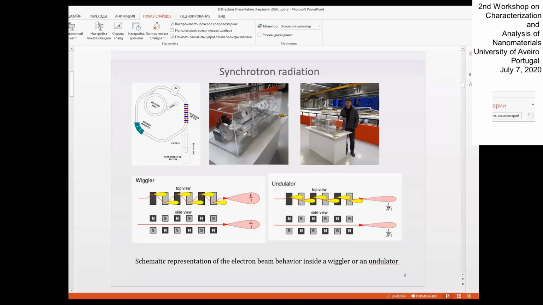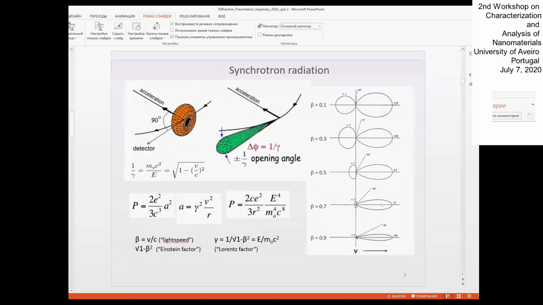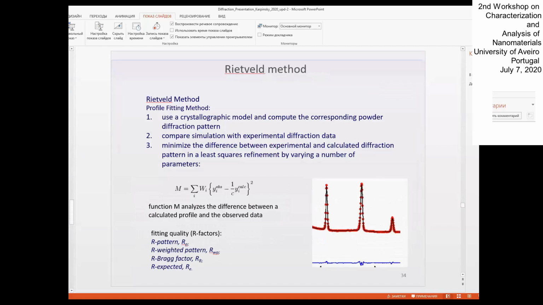Yes, Dmitry, some questions about Rietveld analysis. It is a computational optimization of a model against experimental data. But first it's necessary to create the model from which to take the initial data for modeling, to compare with the experimental data.